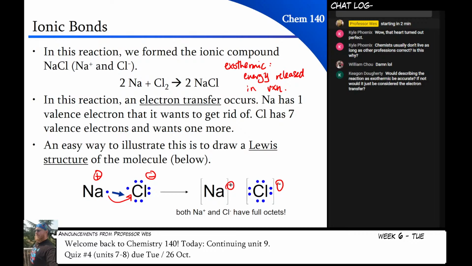All right, so to summarize, when we make ionic compounds from neutral elements, so that's these guys right here, we are going to shuffle electrons around to get octets.